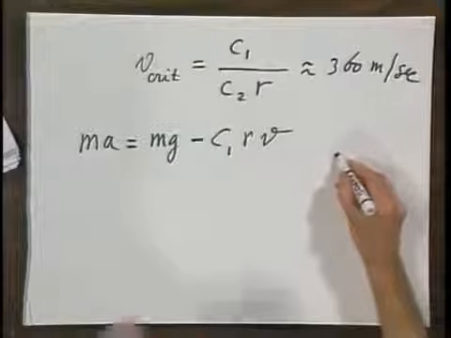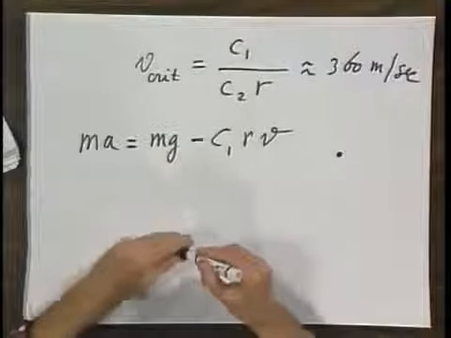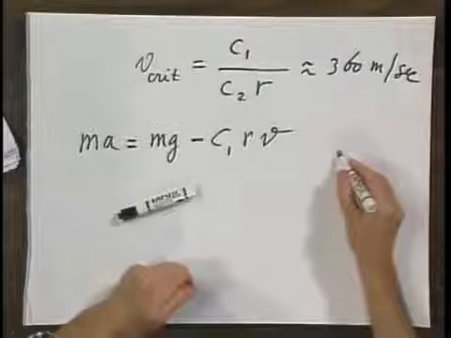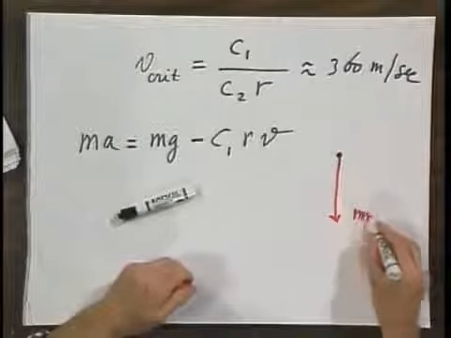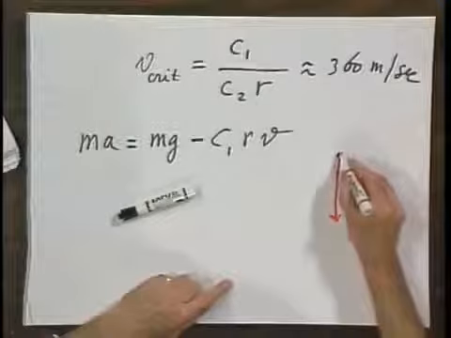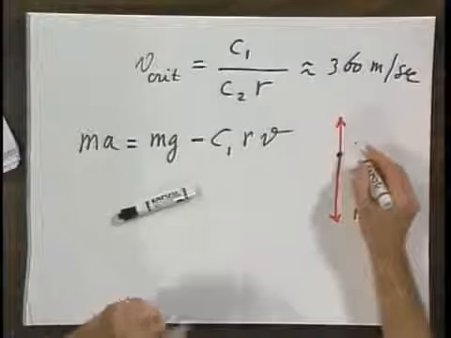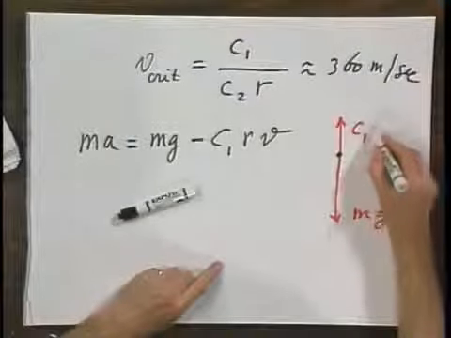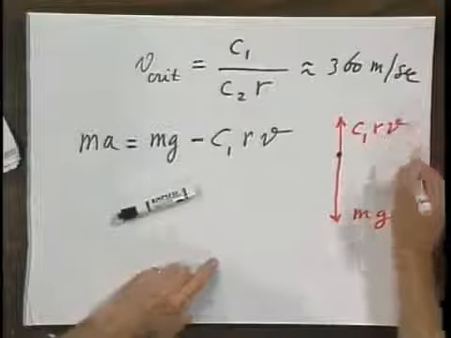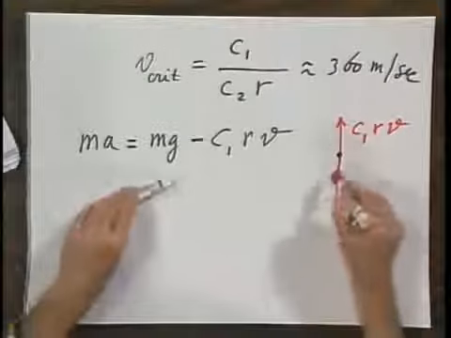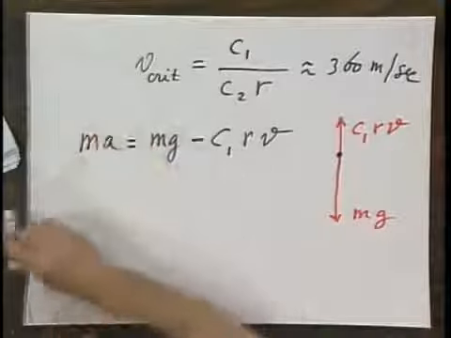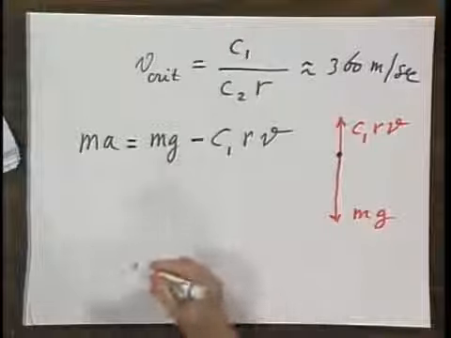So here we have this object, and there is the force mg down, and there is the resistive force in the opposite direction, C1 R V. And the net force is the vectorial sum, is given by this equation.